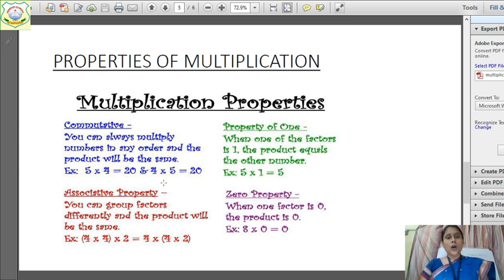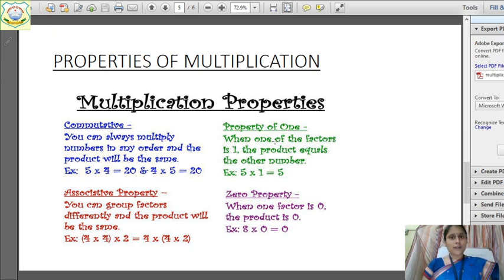So if the order of numbers changes, there is no change in the answer. Second property that we have learned was associative property. You can group factors differently and the product will be same. So grouping of numbers has no effect on the result.